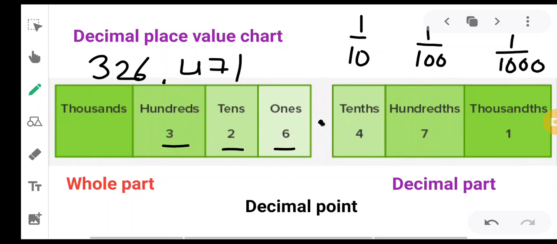This point is known as the decimal point, and this 326 is known as the whole part. Now we move to the decimal part. 4 is in 1/10, 7 is in 100, and 1 is in 1000.